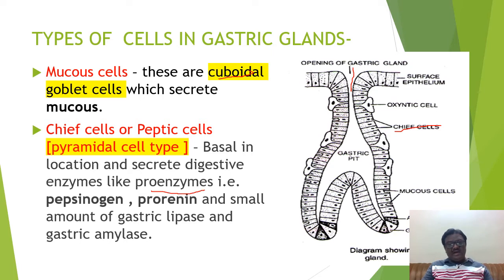Because these enzymes are in inactive form, and they need to be activated to form the enzyme, which is then able to convert the food in the further process. These proenzymes are pepsinogen and prorenin, and a small amount of gastric lipase and gastric amylase is also present.